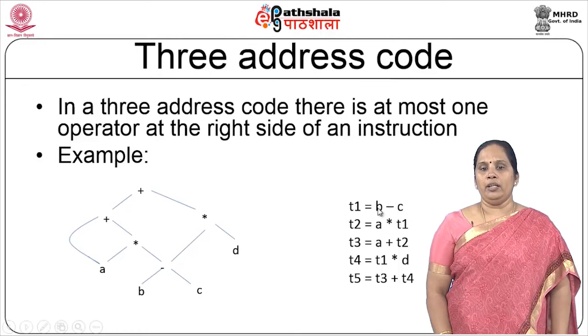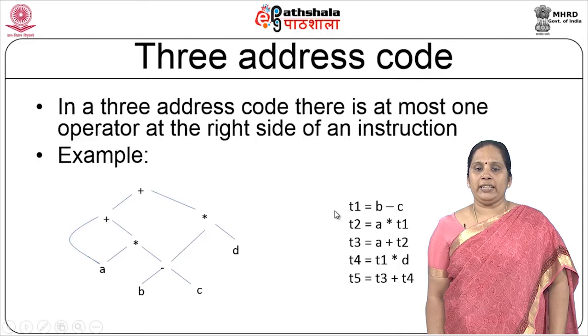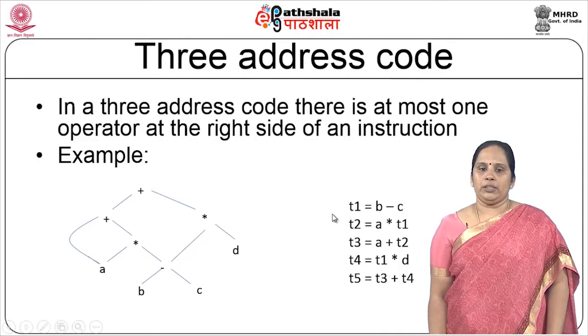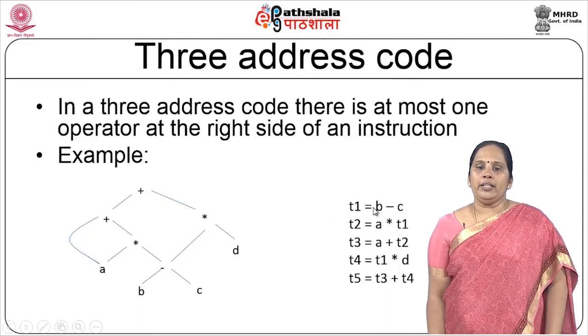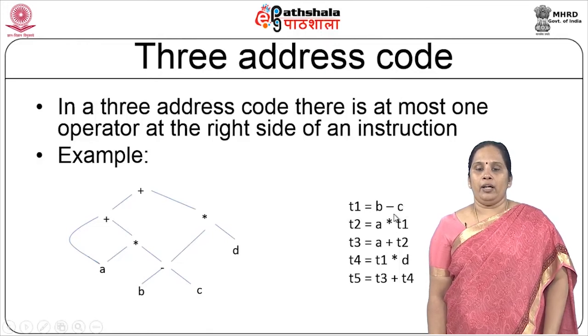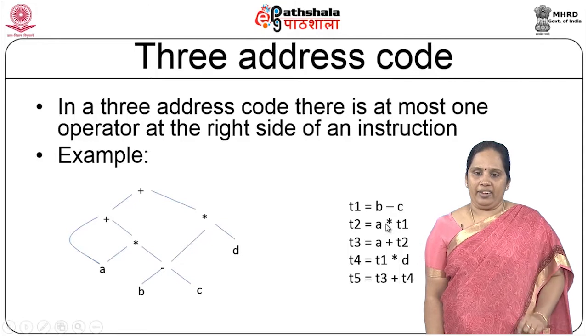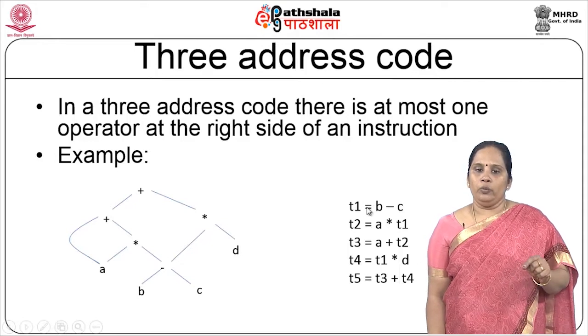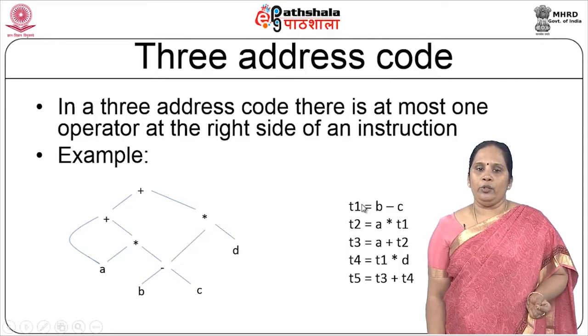For example, take the case b minus c, which I am assigning to t1. So t1, t2, t3, t4 all refer to temporary variables. b is a variable, c is a variable, b and c are looked up at a particular address, and you compute b minus c and assign it to t1.